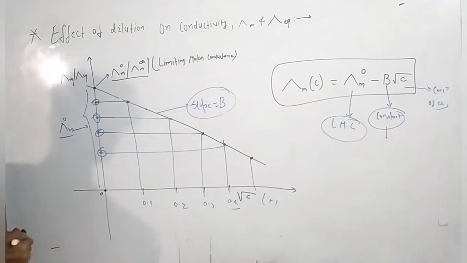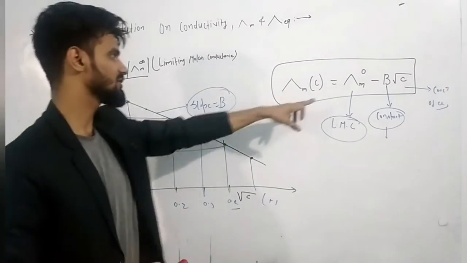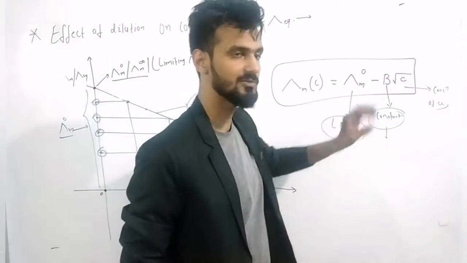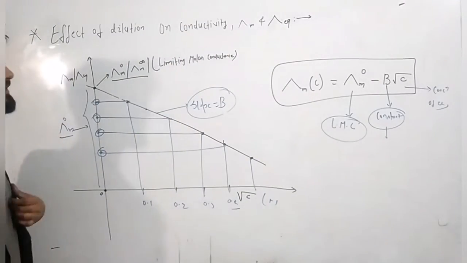So if the graph is given, just calculate the slope, which gives the value of the constant, and the intercept, which gives the limiting molar conductance.